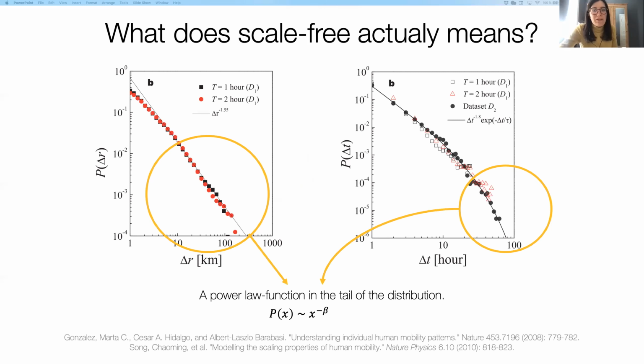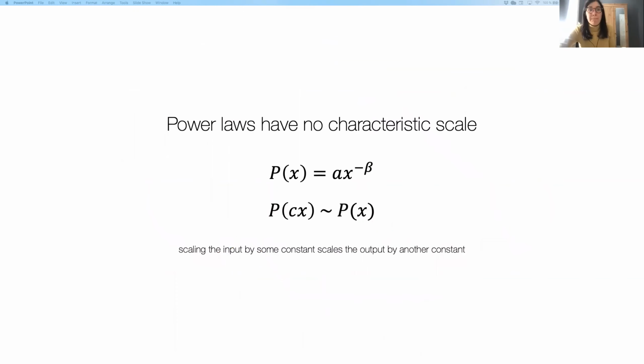And what people have shown in these different studies is that when we plot the distribution of displacements and stays, we see power laws appearing. So we see probability distributions that have no characteristic scale. Power law functions that appear like a straight line in a log-log scale, like we can see here, do not have typical scales. Why?